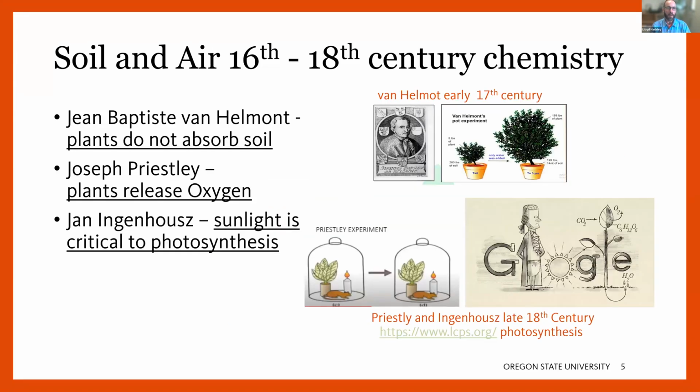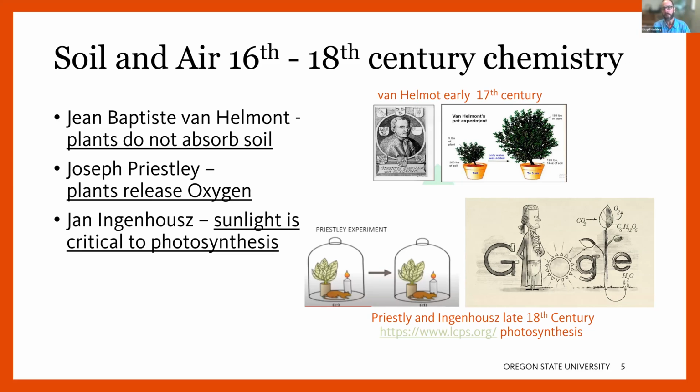Some of these discoveries are somewhat well known or very well known in the plant science world, focused really between that 16th century and 18th century, this kind of reawakening or renaissance of chemistry in at least Western science.